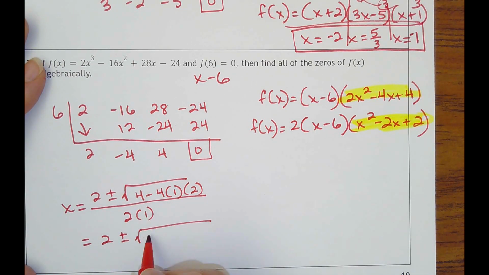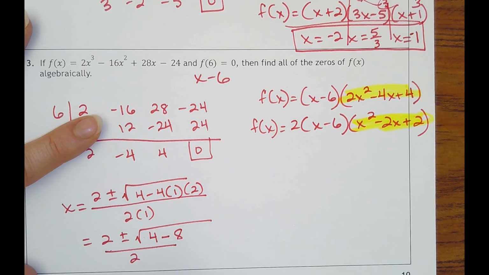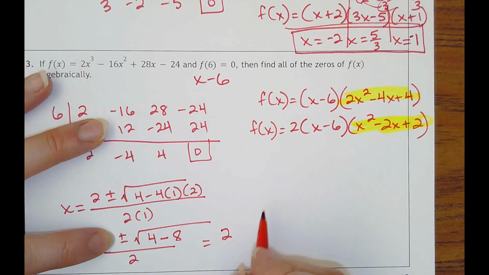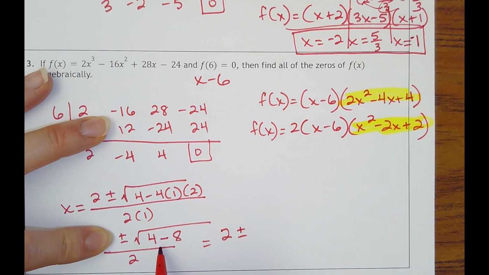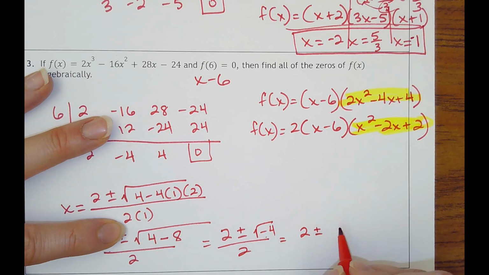So that would be 4 minus 8, right? 4 times 2 times 1, 8 over 2. That is really 2 plus or minus, that'd be square root of negative 4. So what am I going to end up with? Imaginary numbers. That would be a 2i over 2.